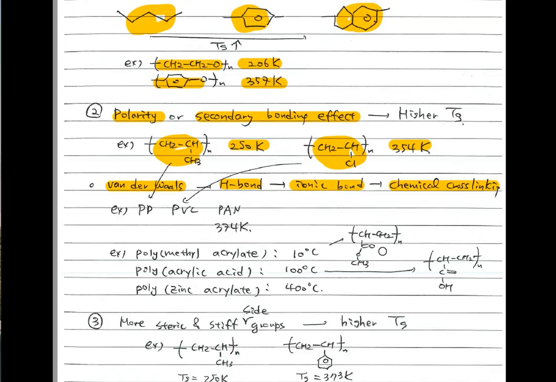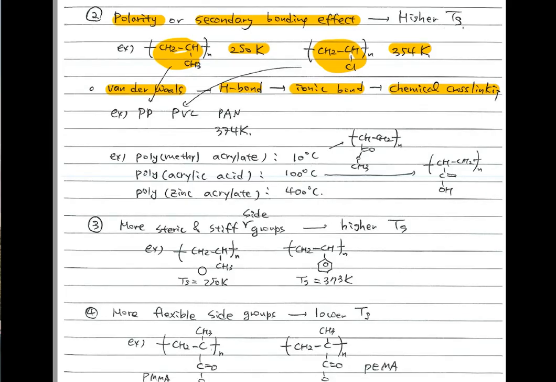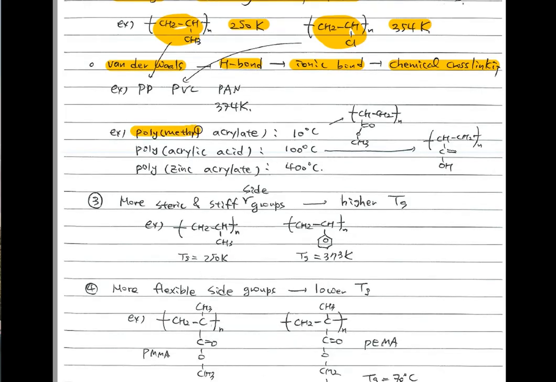So let's see another example. If you compare the Tg of polymethyl acrylate, polyacrylic acid, and polyzinc acrylate, polymethyl acrylate is just a polar polymer, which has a Tg of only 10 degrees C. Polyacrylic acid can form a much larger molecular interaction because of more hydrogen bonding between polymer chains.